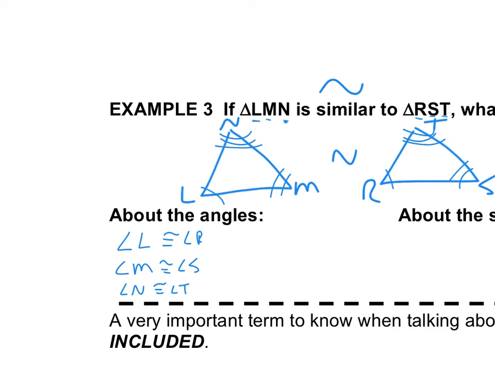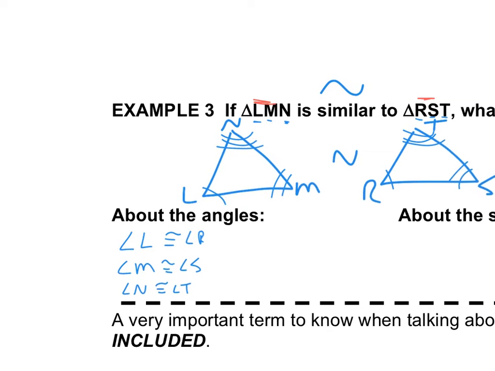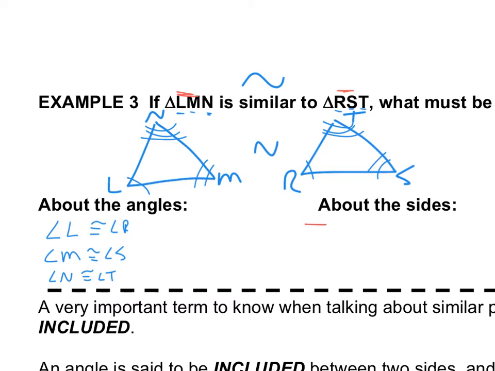But again, you can go back up to the name and you can see that L was with R, M was with S, N was with T. And it sort of works the same way with the sides. L, M are the first two letters. That's one segment. Means RS is going to be the corresponding side. So segment LM is going to have to be corresponding with side RS. And then the next two letters are MN.